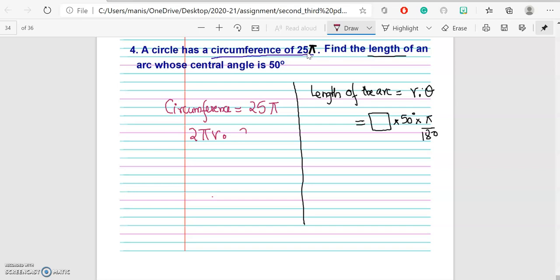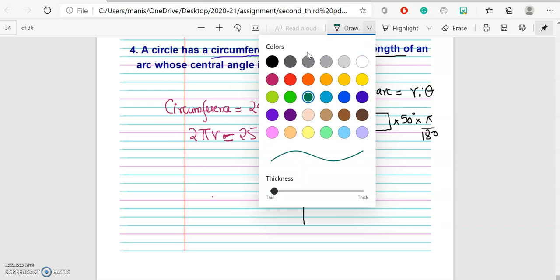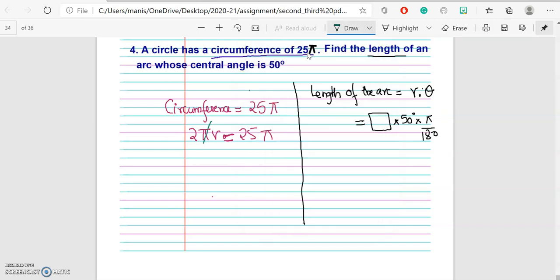Now how will you solve this equation? You can cancel pi with pi over here. So now you are left with 2 times r is equal to 25. Divide by 2 on both sides, and you are left with r is equal to 12.5.